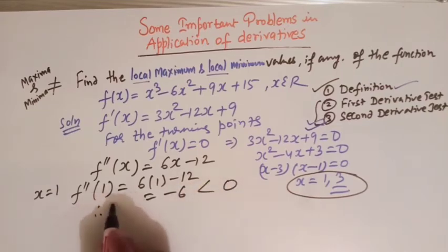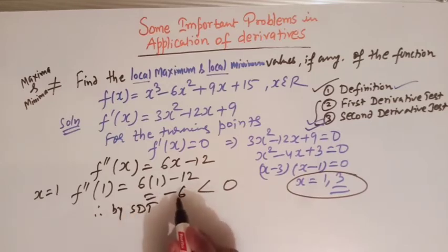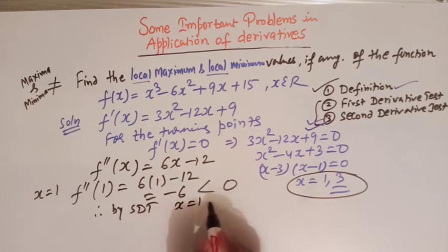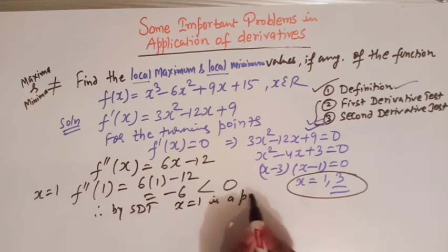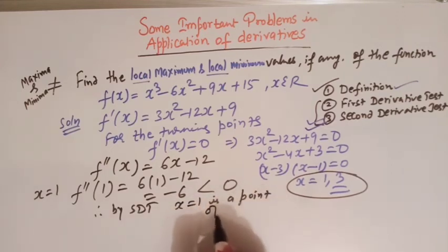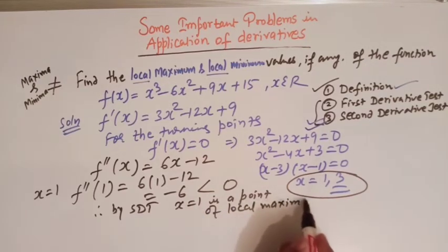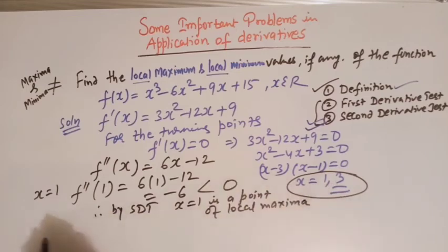So therefore by the second derivative test, we see that x equal to 1 is a point of local maxima, right?